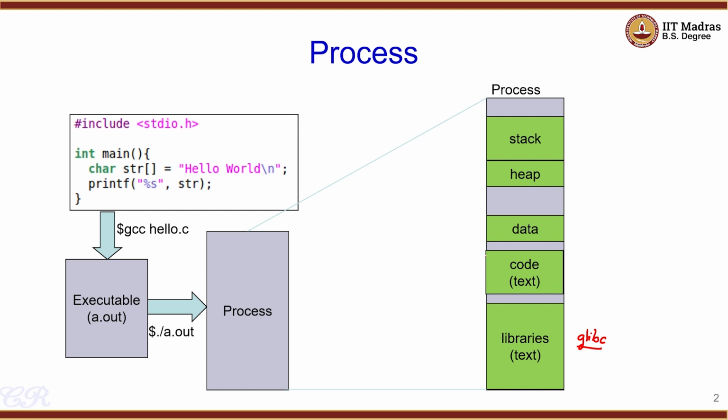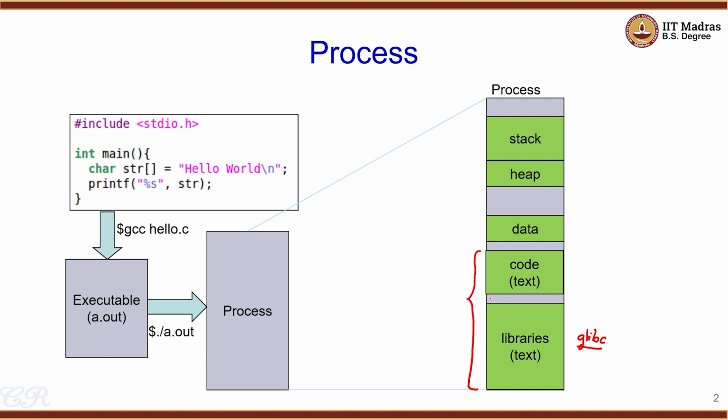So we have this part which comprises the code areas of the program as well as that of the libraries. What really happens is that the code gets loaded in small chunks into the processor, and the processor executes the instructions present in the code and libraries.